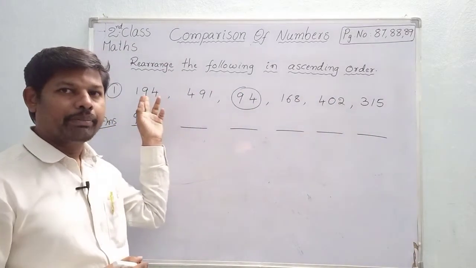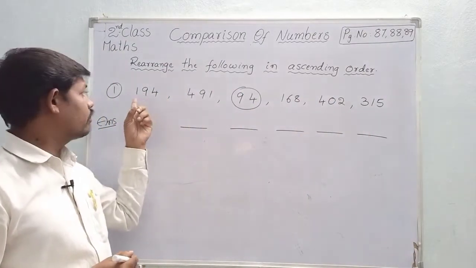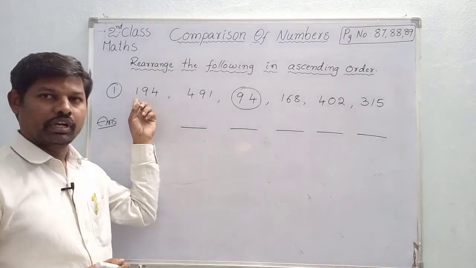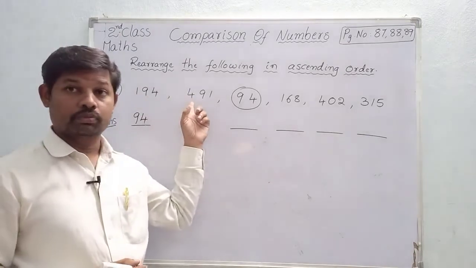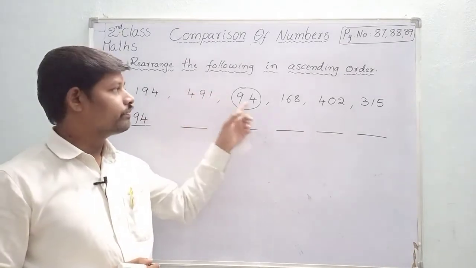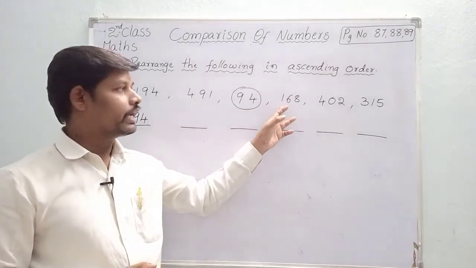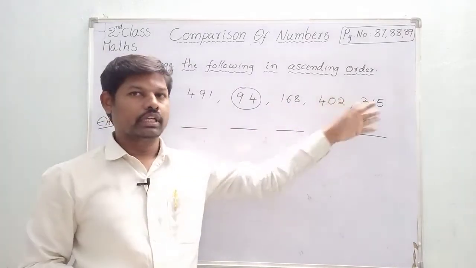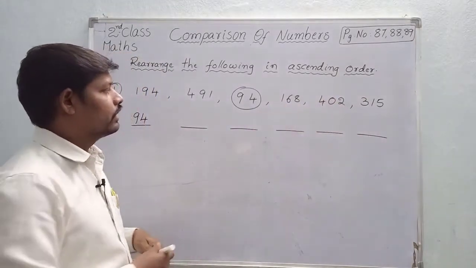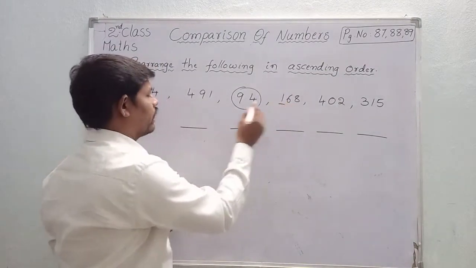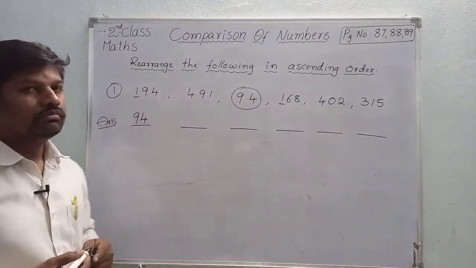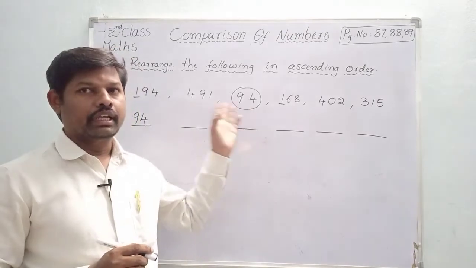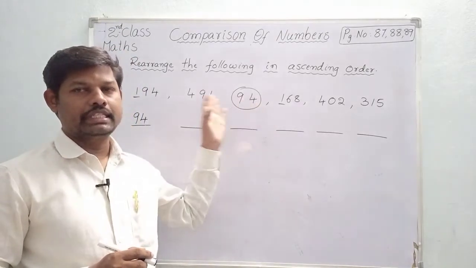First we will compare hundreds place. Here how many hundreds are there? 1 only. Here 4. It's a big number. Leave it. Here also 1. Okay. Here 4, 3. Okay. Leave it. So compare this one and this one. Hundreds place in both the numbers is same.